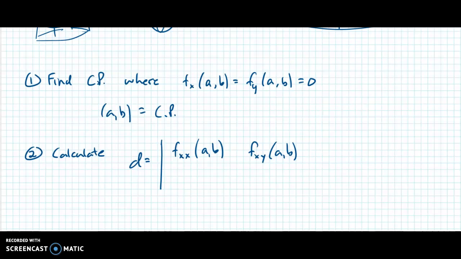And then in this corner down here, I have the mixed partials again, f sub x y of a comma b. And over here, I have f sub y y of a comma b.